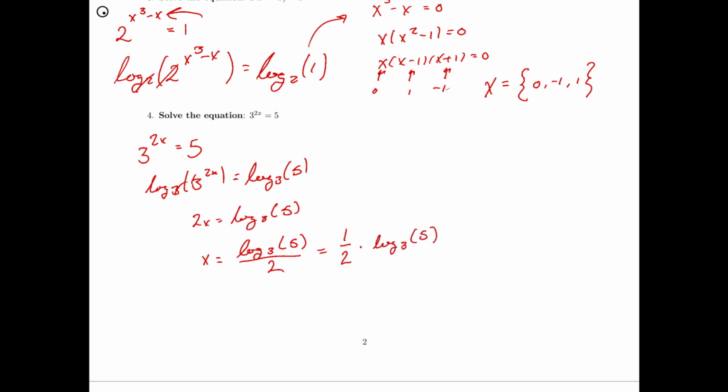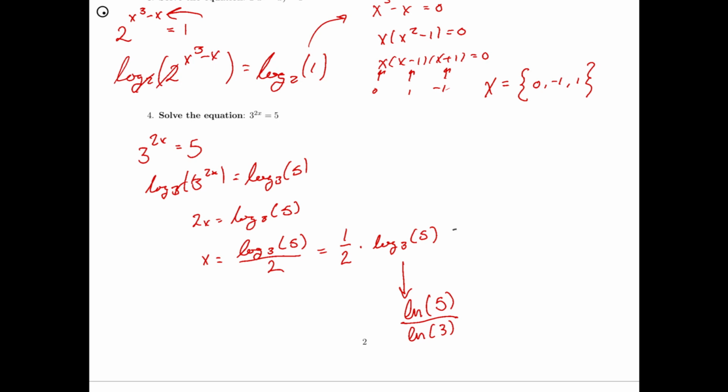Now, if I want to convert this to the natural base, what we do is we take the logarithm, we choose our base, so natural base, like ln, and then we have the thing inside the parentheses divided by the old base. So this is how we convert to natural base. Again, if you're a little confused on that, check that formula I wrote down for change of base on the first page of the packet.